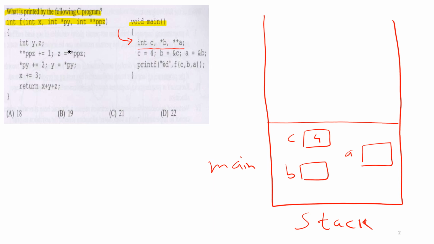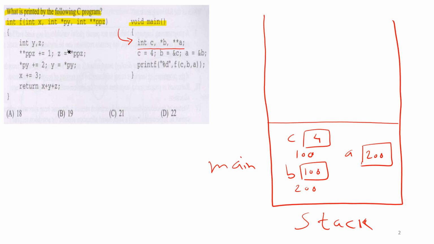B contains the address of C. So imagine the address of C is 100, so that is stored in B. And what does A contain? A contains the address of B. So imagine the address of B being 200, so A will contain 200, right? So C contains 4, B points to C and A points to B. Hence A is a double pointer because it is pointing to a pointer.